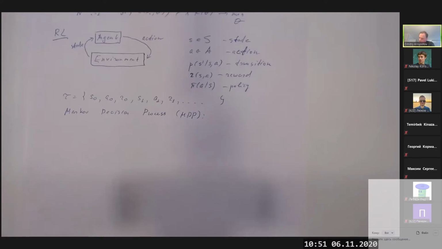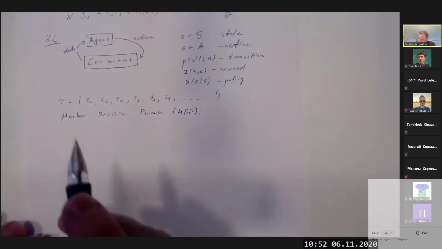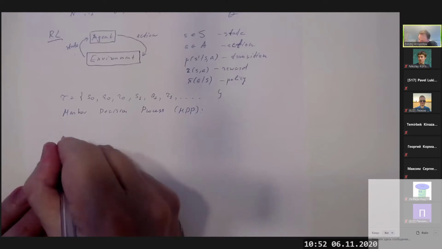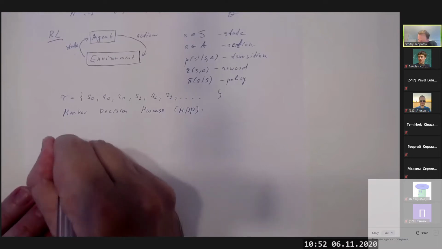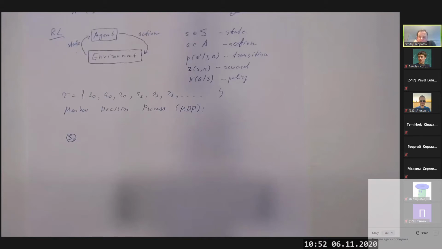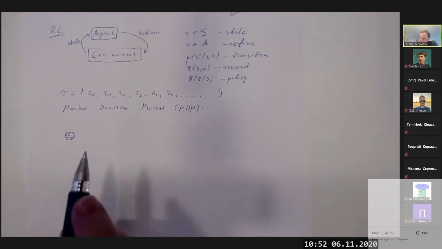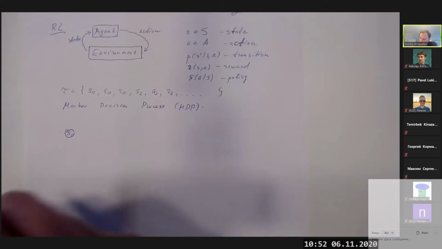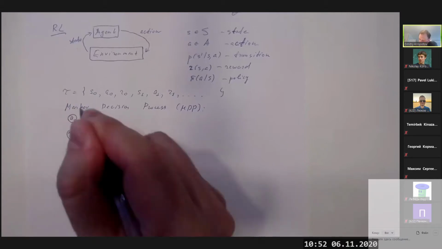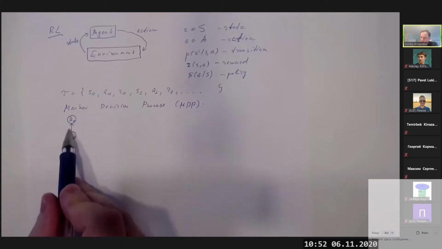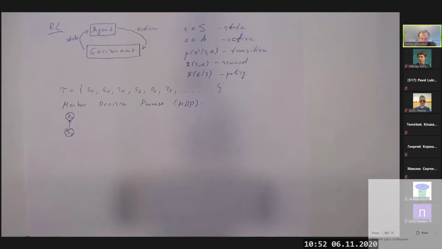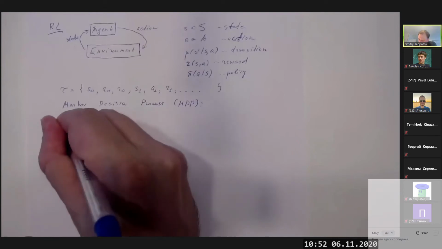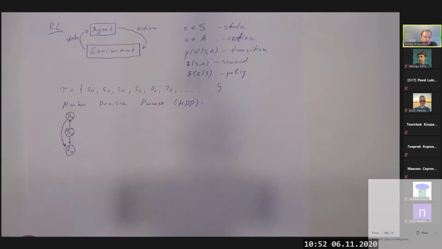Which can be graphically shown as follows. So, if we try to draw a kind of Bayesian network here, we have our initial state S0, then our action A0 is determined by our initial state, and our first reward R0 is determined by these two things.